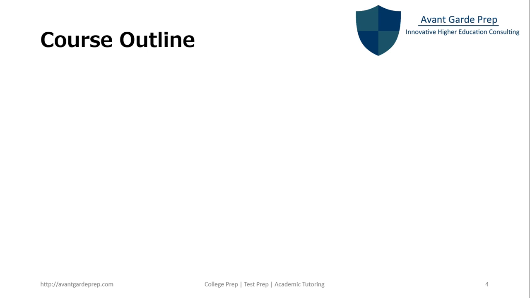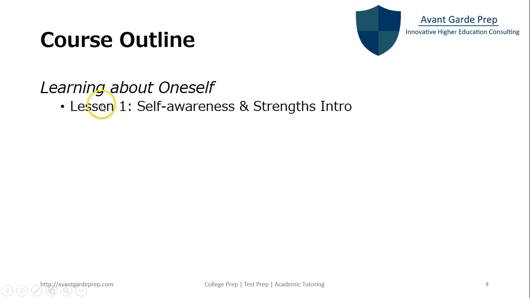So the outline of the course, as I just mentioned, will progress in that manner of the sphere of influence, where we're learning about oneself, which lesson number 1 is about: self-awareness and a strengths intro. So we'll dedicate strictly to you and learning about you in that respect.